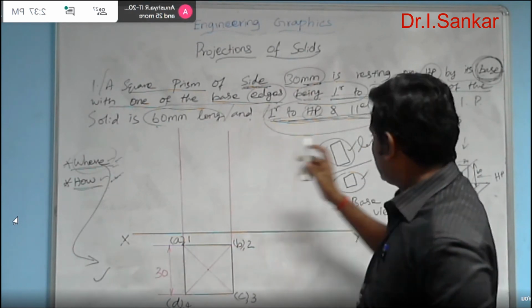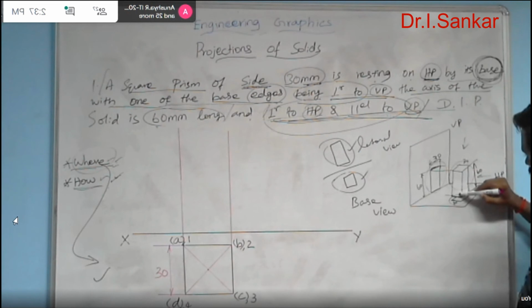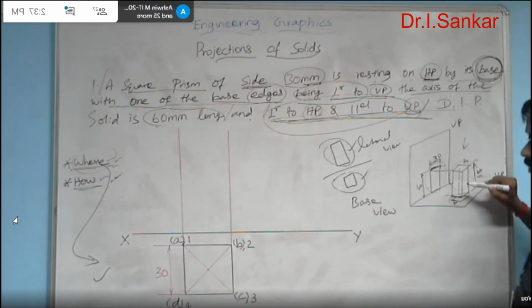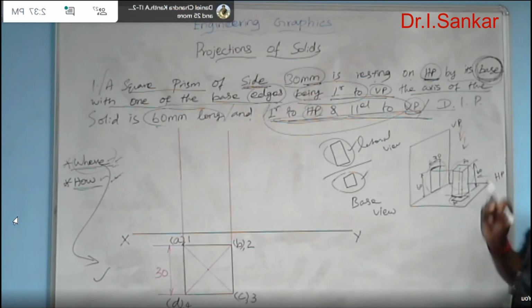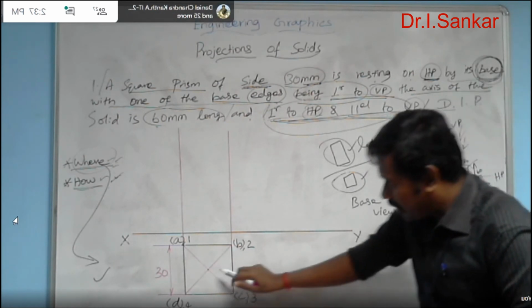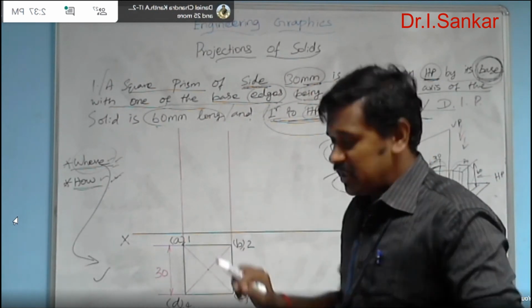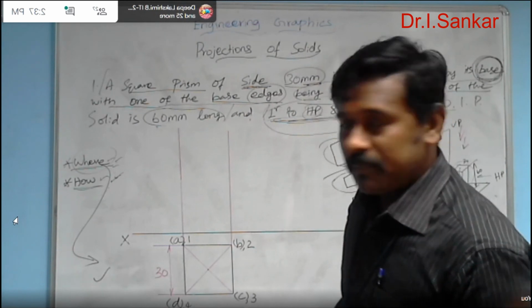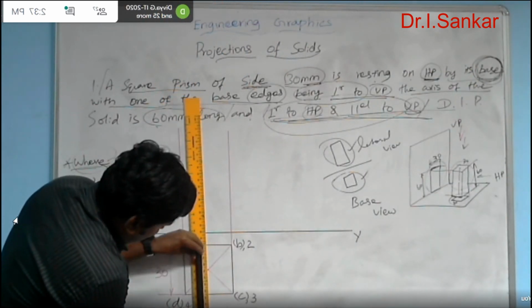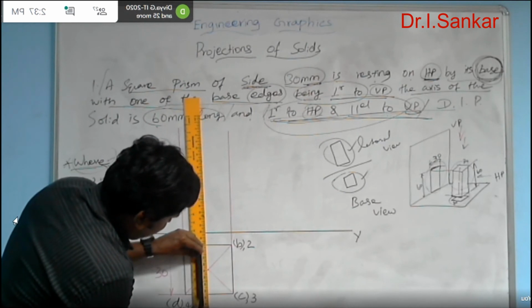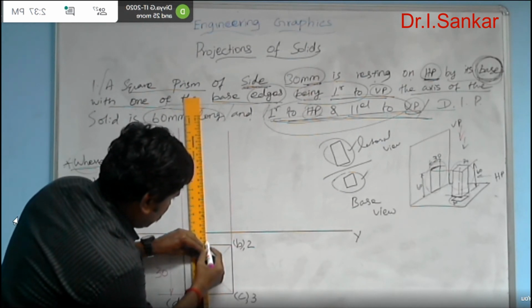The axis in this problem is perpendicular to HP and parallel to VP. So if you see it from the top, this will look like just a point. You need to project it towards the front view area, in order to mark the axis in the front view.